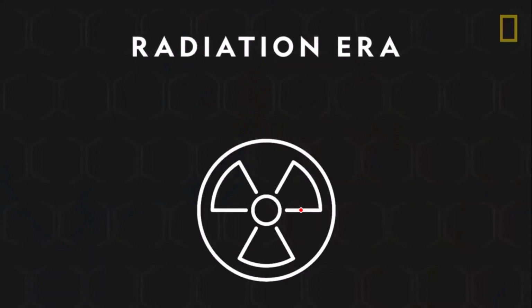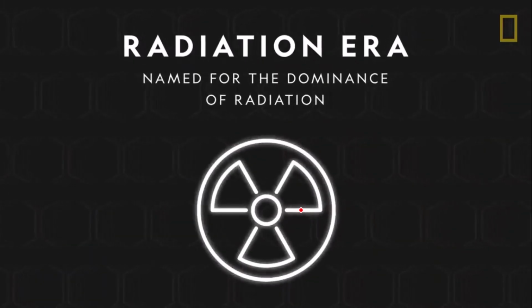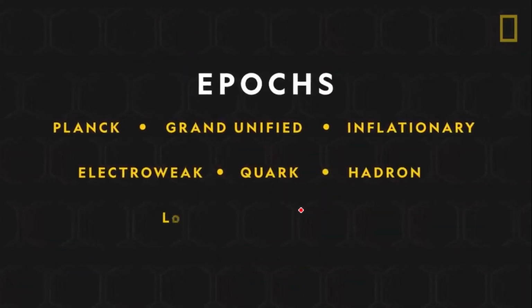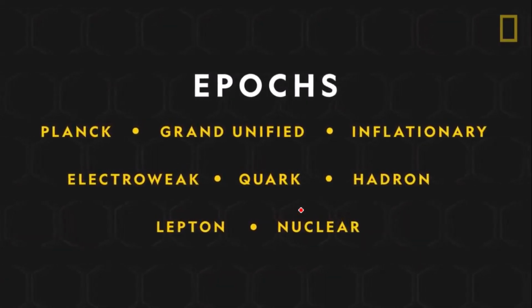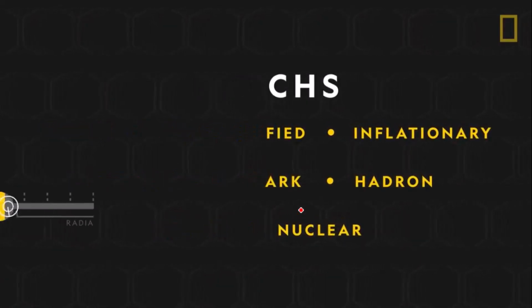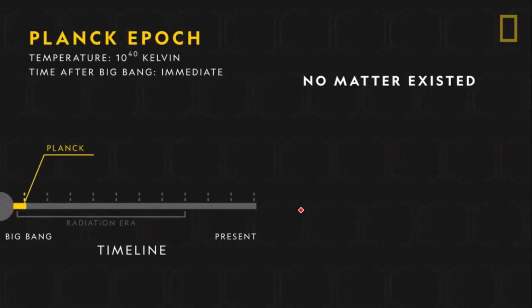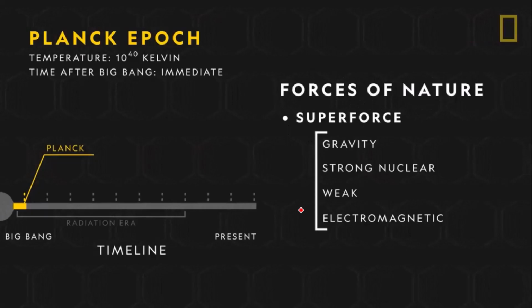First came the radiation era, named for the dominance of radiation right after the Big Bang. This era is made of smaller stages, called epochs, that occurred within the universe's first tens of thousands of years. The earliest is the Planck epoch. No matter existed in the universe at this time, only energy and the ancestor to the four forces of nature, the superforce.